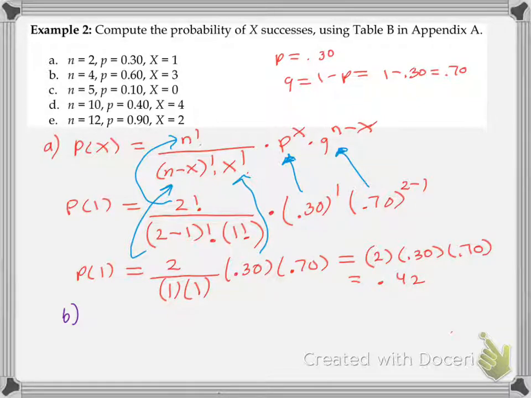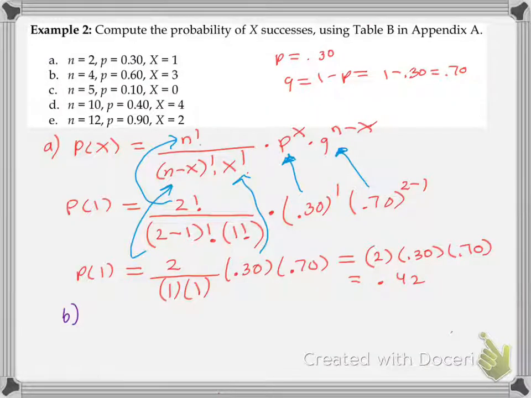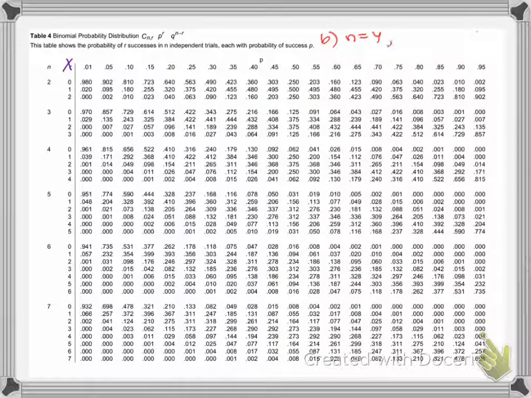So for B, n is 4, p is 0.60, and x is 3. So n is 4, so we're here.